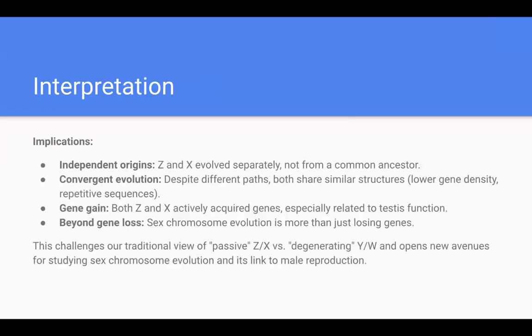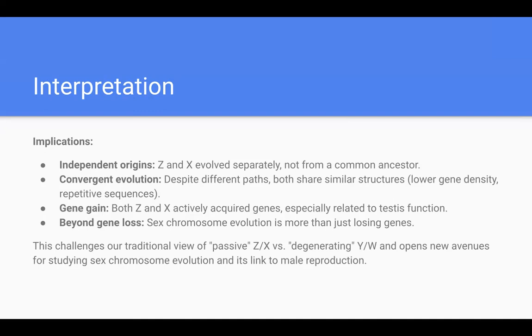This brings about a few implications that the scientists mentioned in their paper, and it was the fact that the independent origin, convergent evolution, and the gene gain and gene loss of these sex-determining chromosomes challenge our traditional view of the passive ZX versus the degenerating YW.